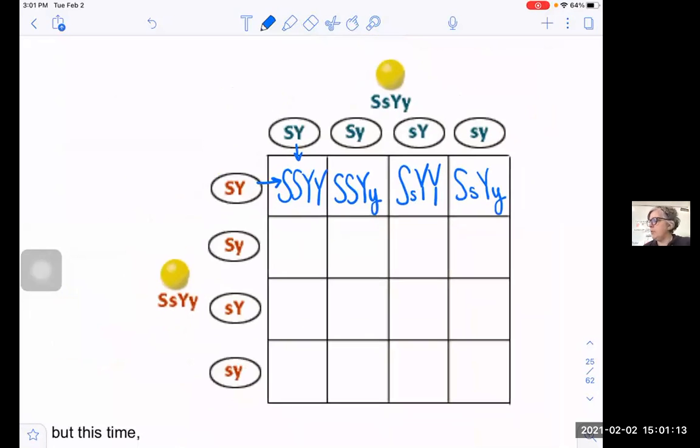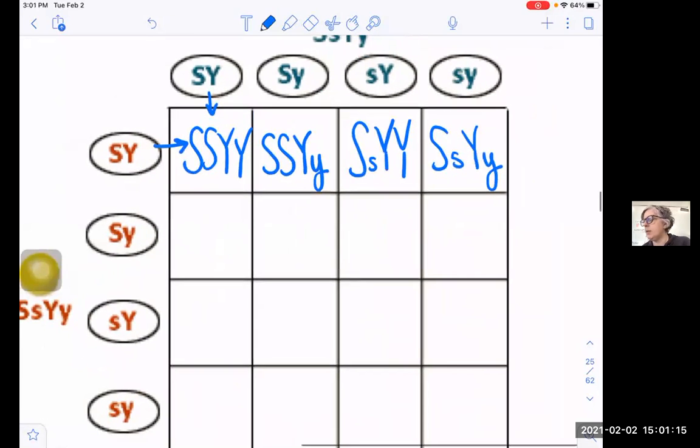And then just keep doing that. It just takes a little bit longer, but the rules are the same as before.